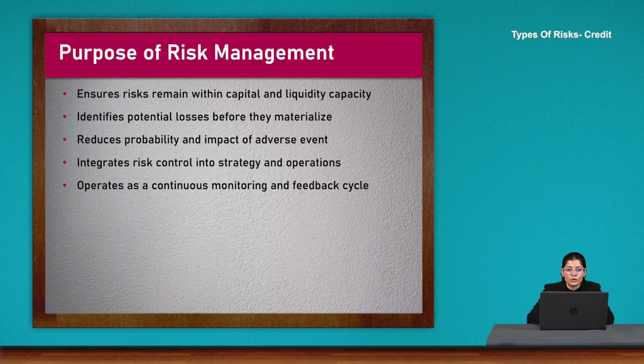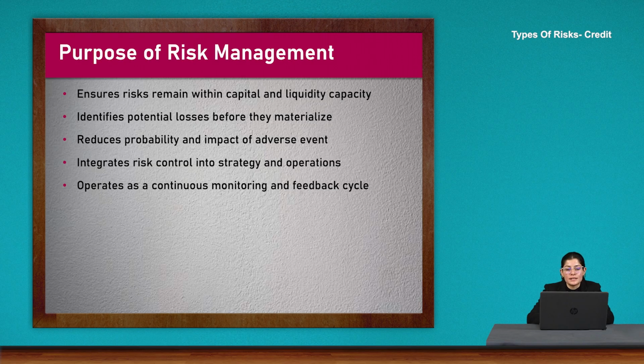This involves recognizing potential sources of loss, assessing the magnitude of possible adverse outcomes, implementing limits and safeguards to reduce either the likelihood or the severity of loss, and continuously tracking exposure so that corrective actions can be taken at an early stage.